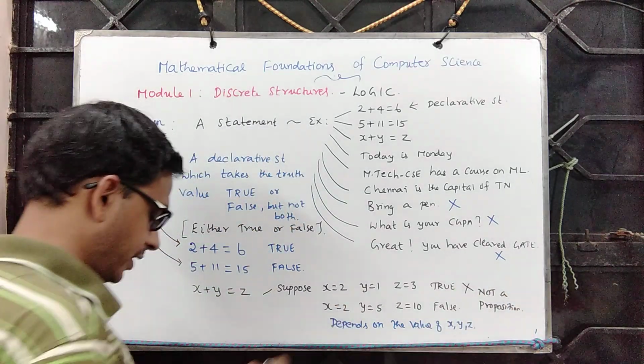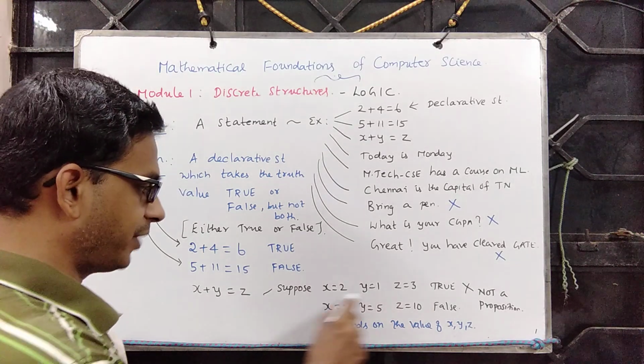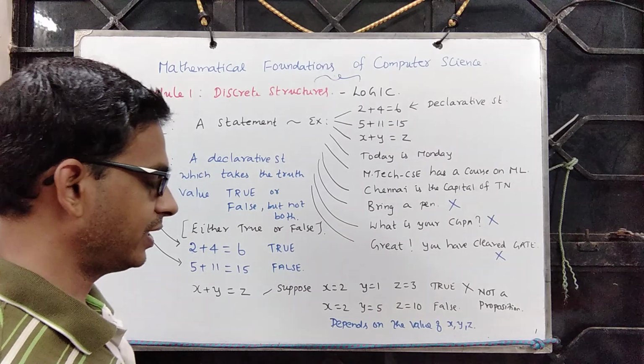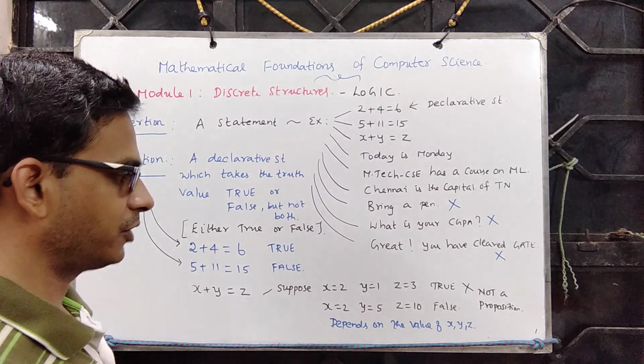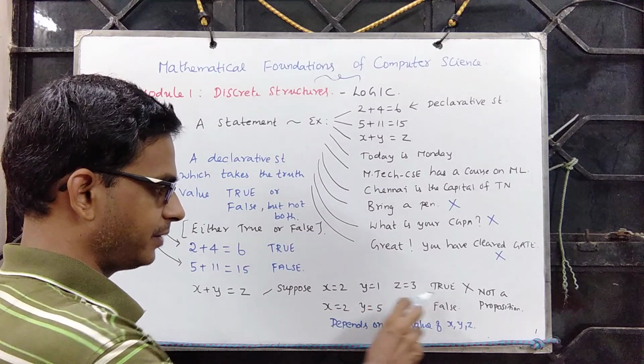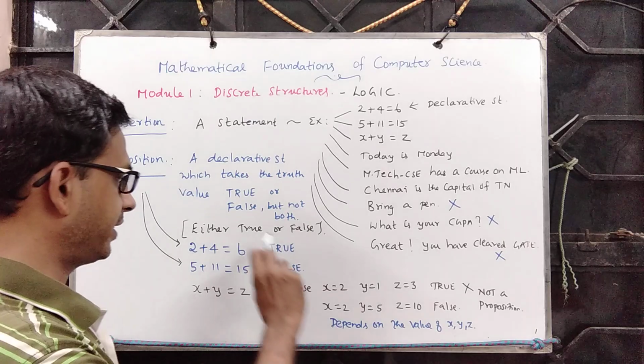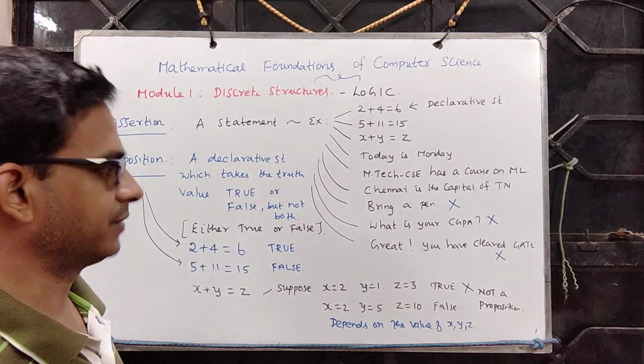Since it depends on the context, meaning on what values you plug into x, y, z, there is a chance that for some instance it may take true, for some it may take false, and that contradicts the definition.